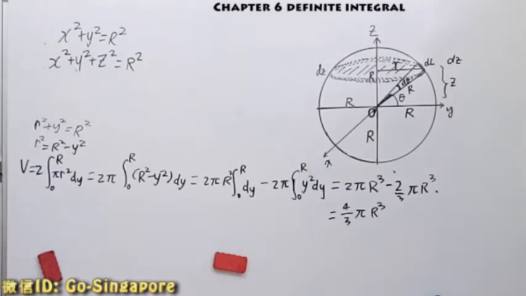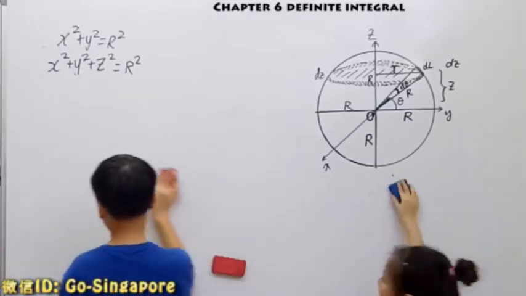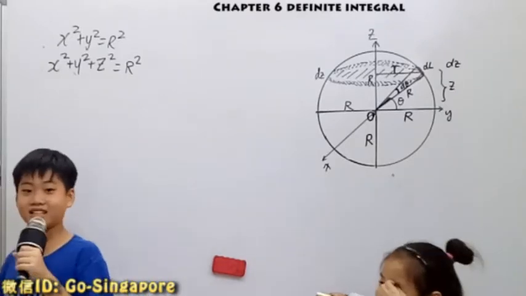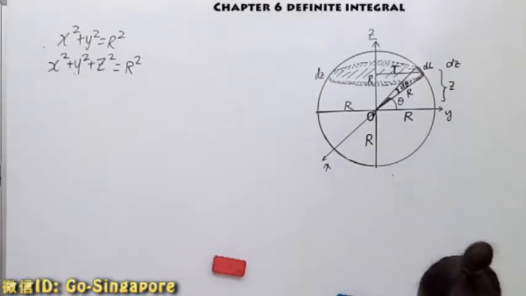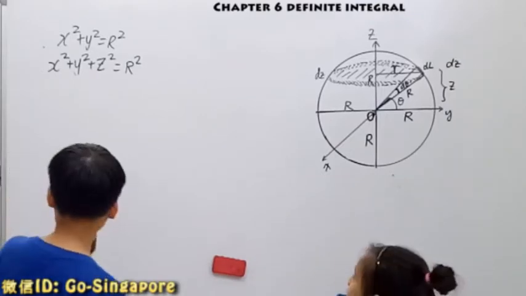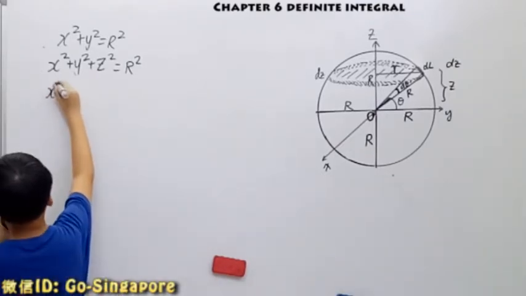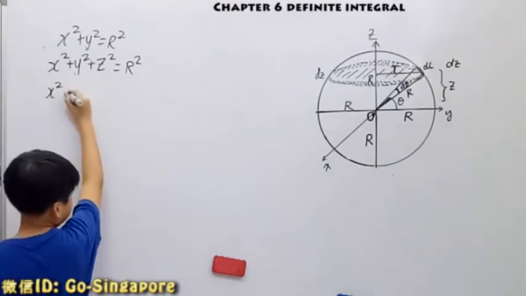We'll erase this right now. So next I'll use the last method, or the disk method. Okay, I'll go according to x.